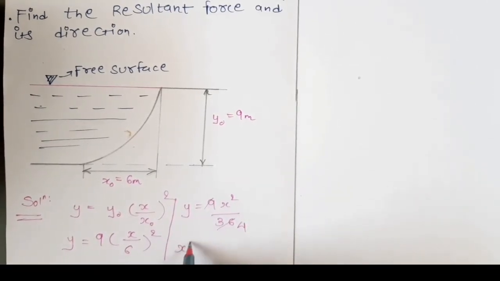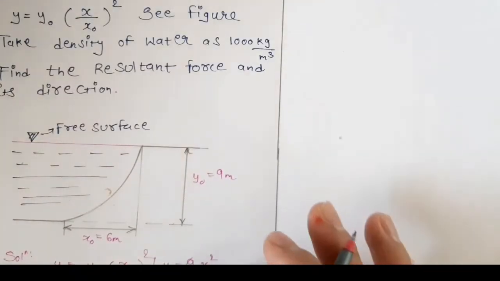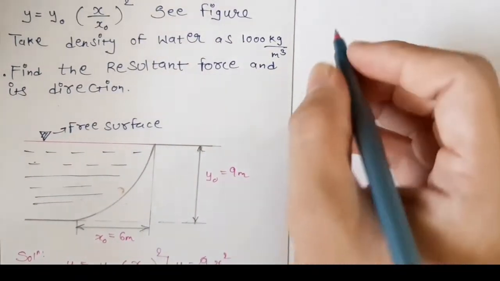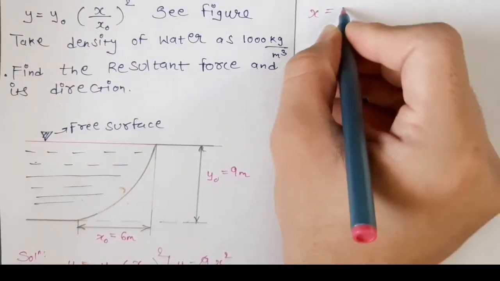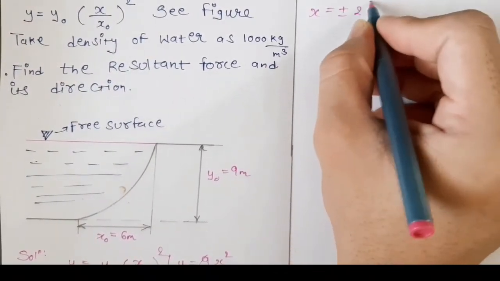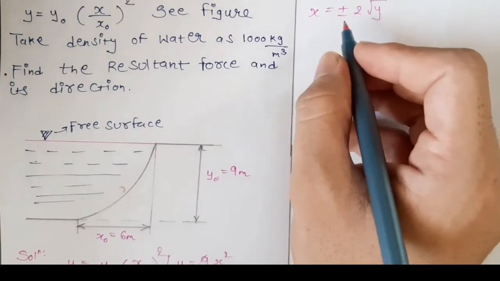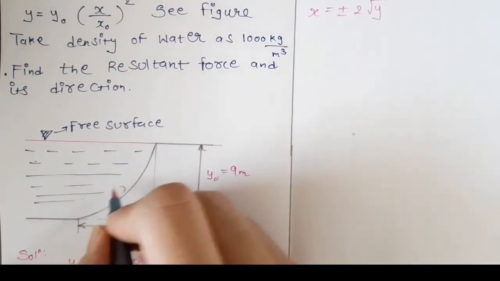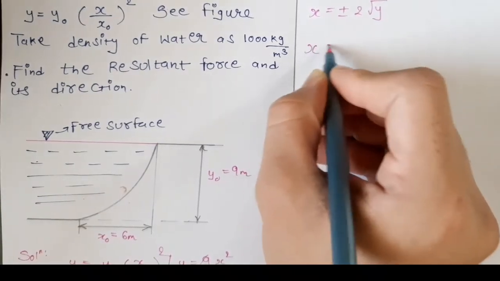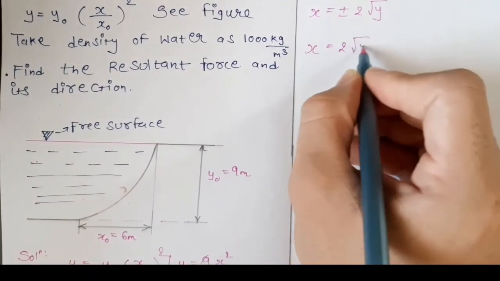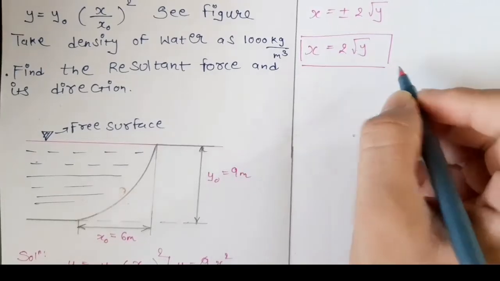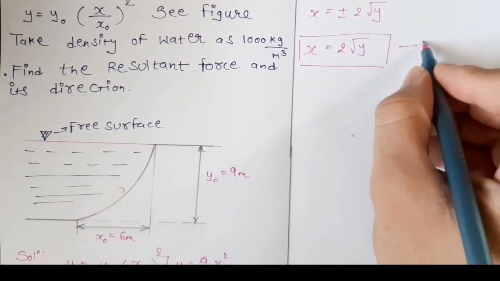So we get x square equals to 4 into y. Okay, so x equals to plus or minus 2 root y, as we cannot take the negative value of x because we are talking about the dam, so we have to take the positive value. So x equals to 2 into root y. So this is the relation between x and y. Let this name as equation 1.